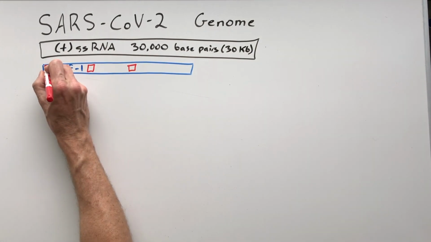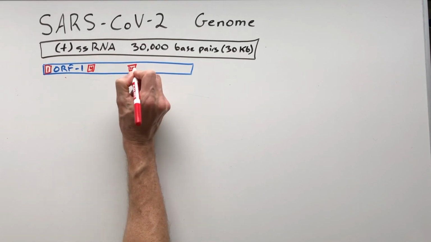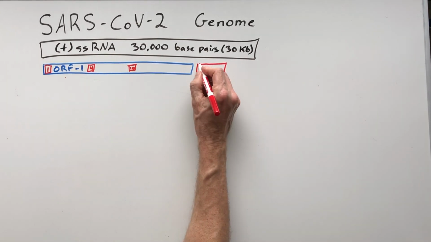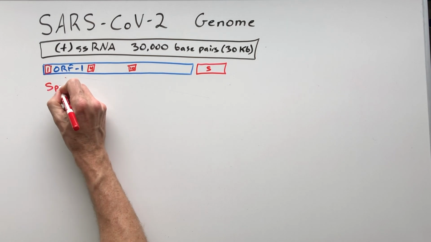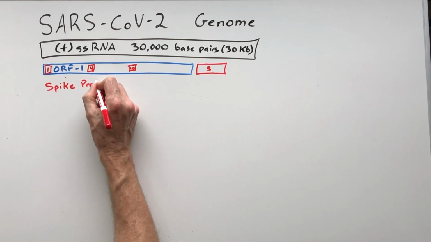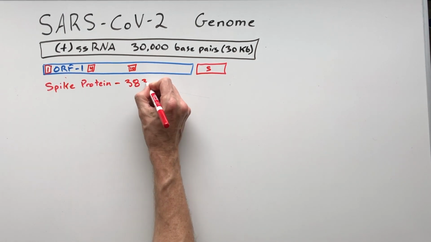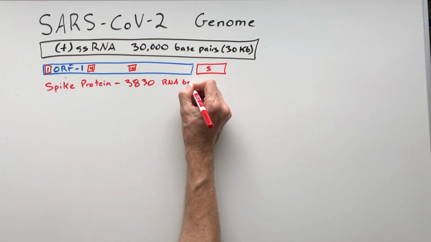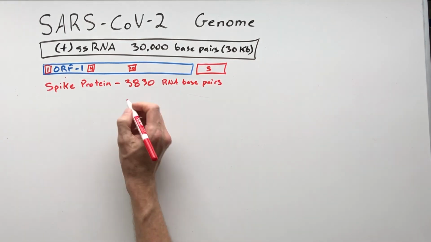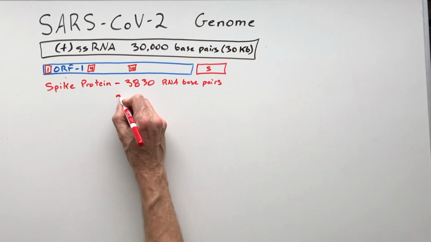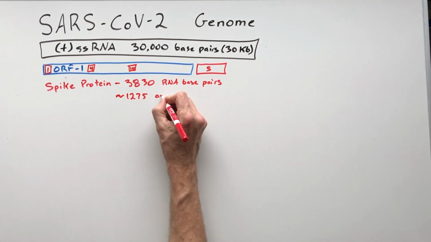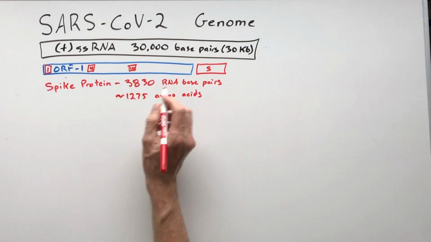Now let's talk about 2 of the proteins we talked about earlier, the spike protein and the nucleoprotein. The spike protein, which may be translated slightly different than open reading frame 1, is coded for with 3,830 RNA base pairs, which means the protein is about 1,275 amino acids in length.